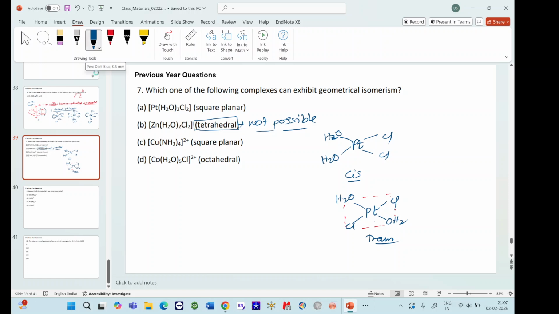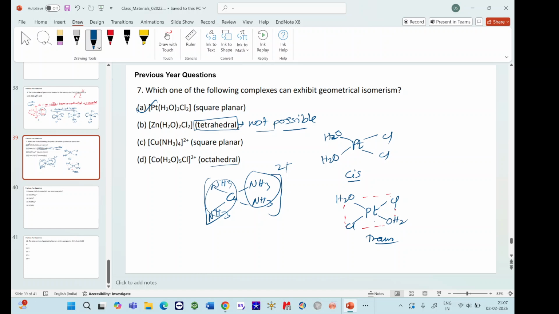So this one can exhibit geometrical isomerism. Apart from that, if you see in square planar, you have this complex, copper with all the ligands the same, so you cannot do any differentiation.